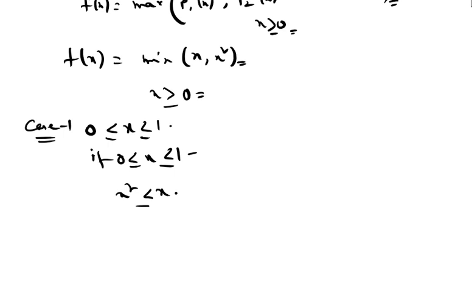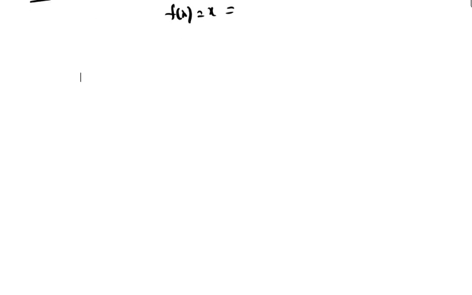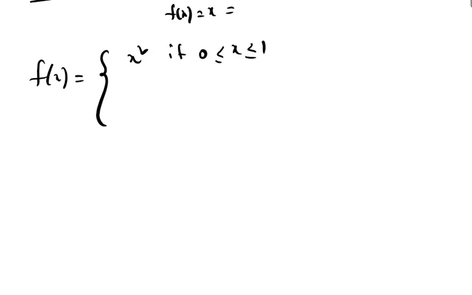So in this interval f(x) is equal to what? x square. Now for case 2, x greater than or equal to 1, then x square is greater than or equal to x. So here f(x) is equal to x. So the function can be written piecewise as f(x) equal to x square if 0 less than or equal to x less than or equal to 1, and x if x greater than or equal to 1.